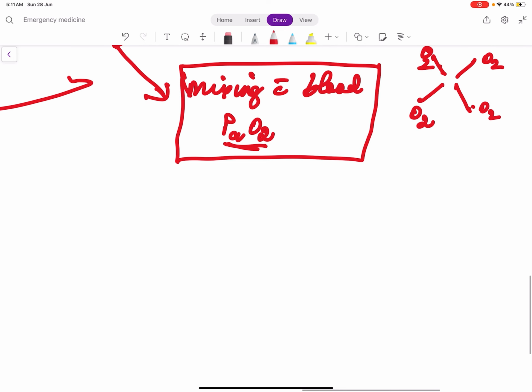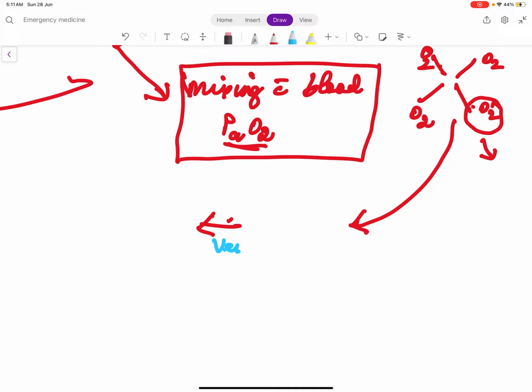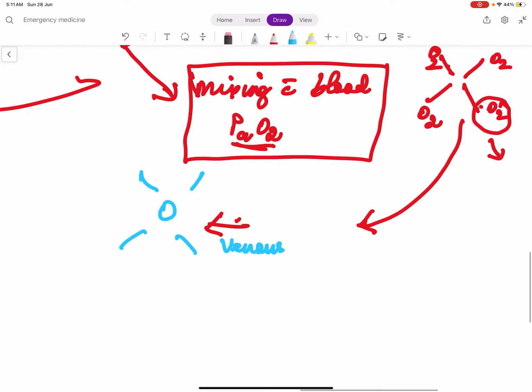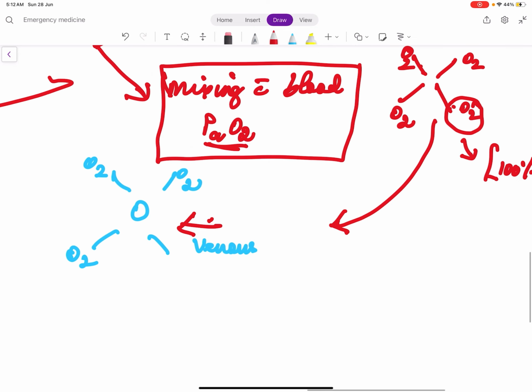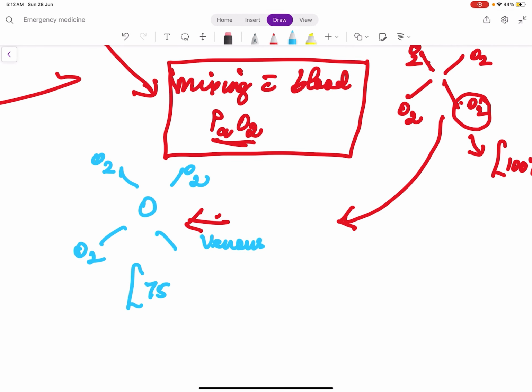When the blood goes through the capillary, 1 oxygen is extracted, and in the venous blood we have deoxyhemoglobin, where among the 4 arms only 3 have oxygen. Which means on the arterial side, the hemoglobin is 100% saturated. All 4 arms are filled with oxygen, whereas on the venous side, only 3 are filled. So 75% is the normal venous oxygen saturation.